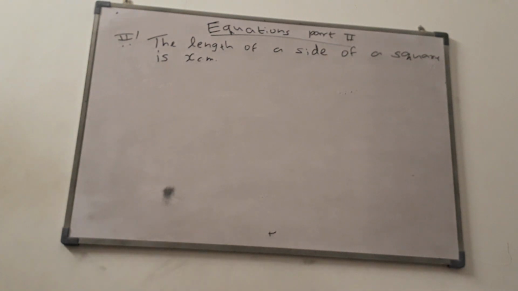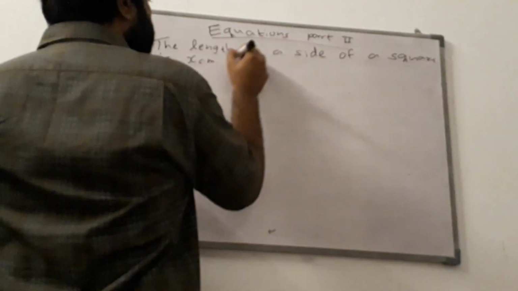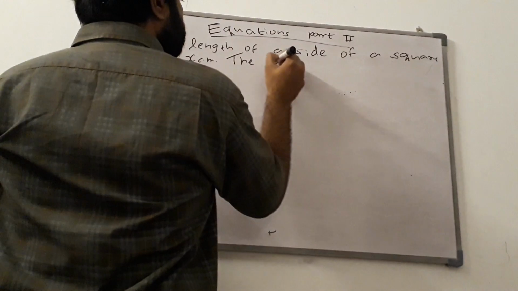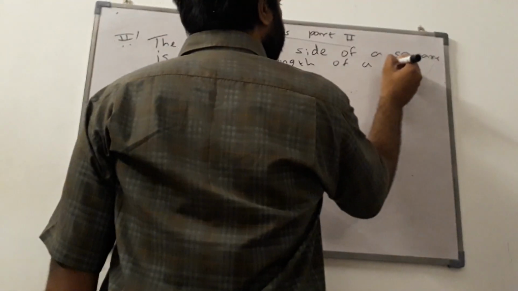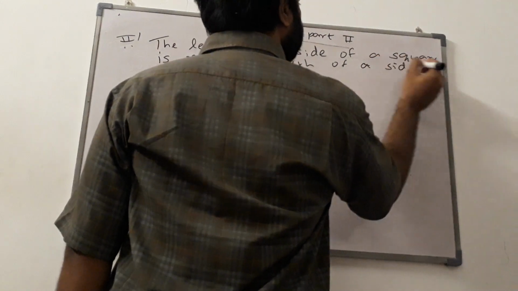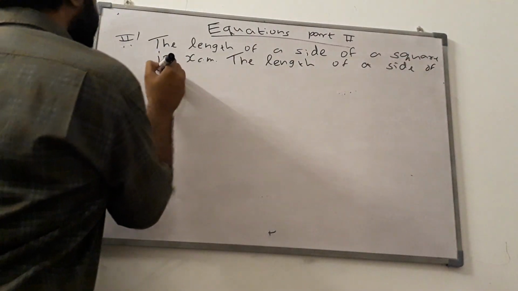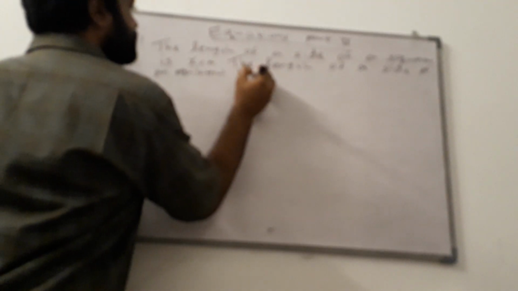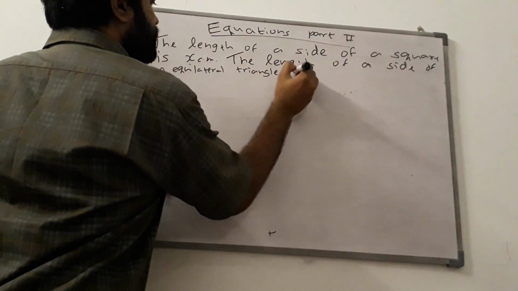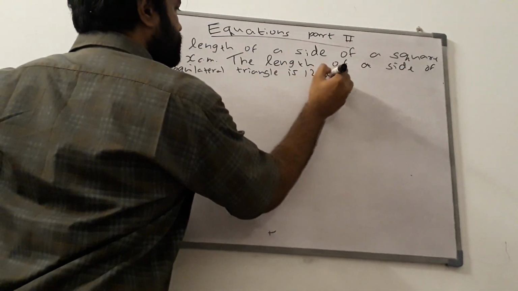The length of a side of an equilateral triangle is 12 centimeters.